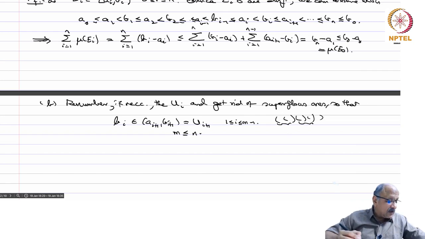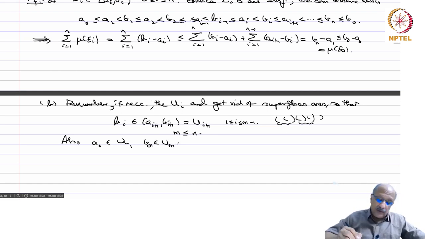That still proves the same thing. Also A_0 must belong to the first interval U_1, and B_0 must belong to the last one. So you are taking only the minimum number necessary to cover A_0, B_0.